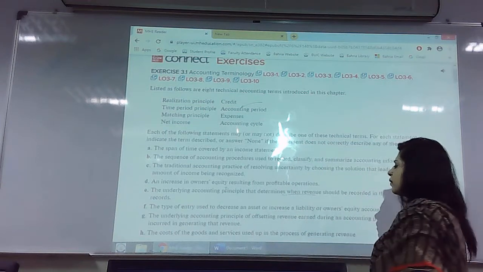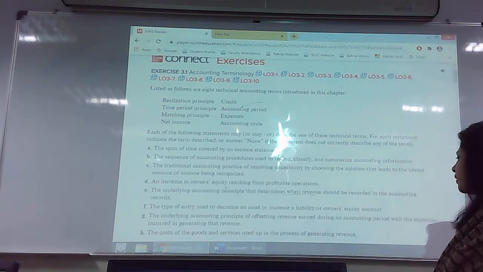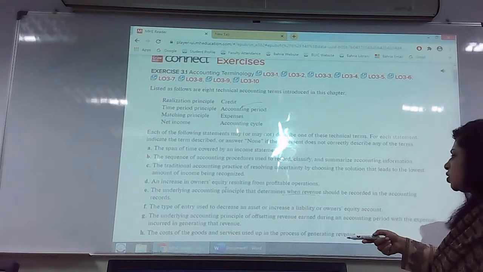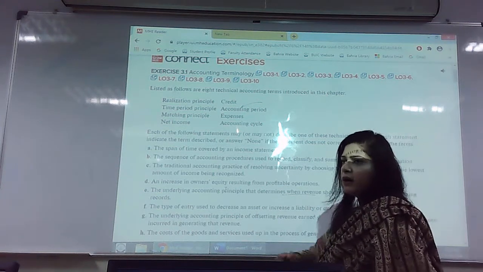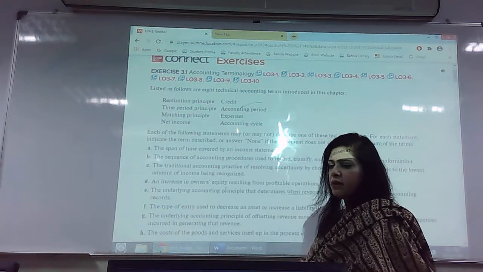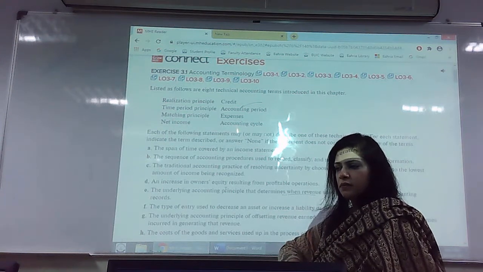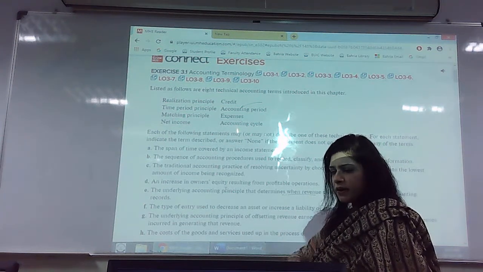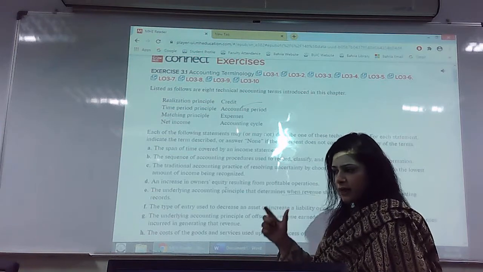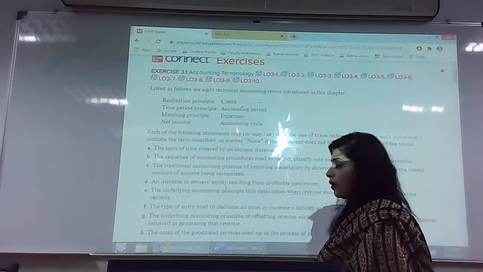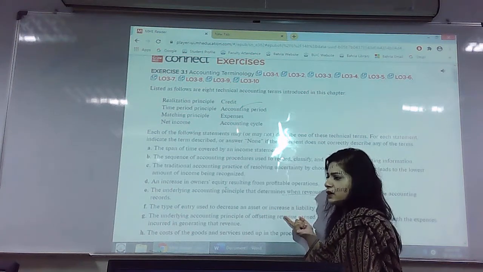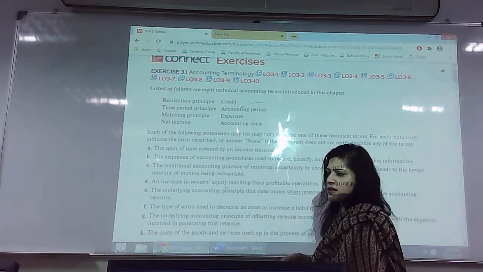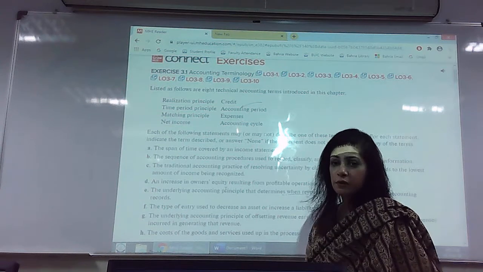Now the underlying accounting principle of offsetting revenue earned during an accounting period with expenses. So when revenue and expenses are offset, the word offset means that as much revenue was earned, as much expense has been incurred accordingly, so that the revenue is equivalent to the expenses that have been incurred, or slightly more because you have to also earn profit.